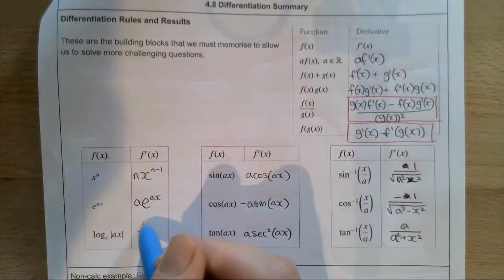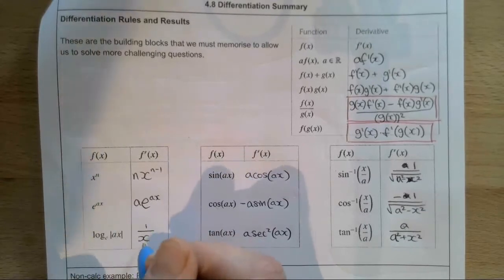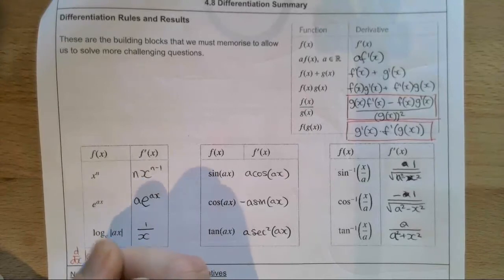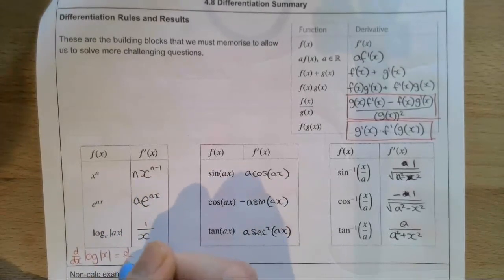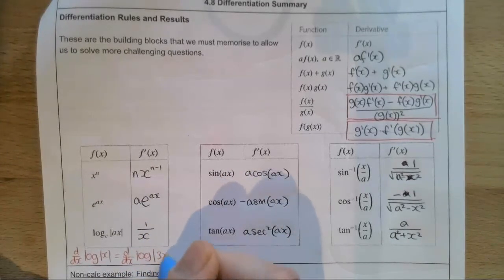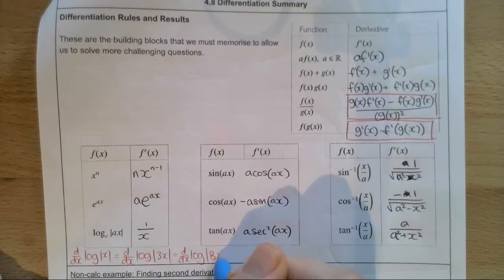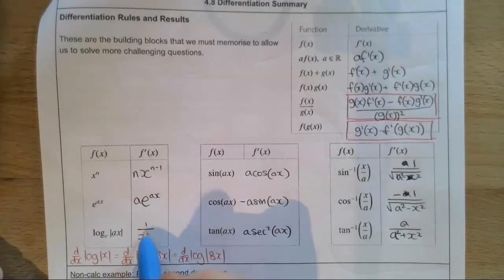The side effects of this, by the way, I don't know if you've noticed this quite yet for yourself when doing these questions, but the derivative of log mod x is the same as the derivative of log 3x, which is the same as the derivative of log 8x. And in fact, this value a doesn't appear in the solution at all.